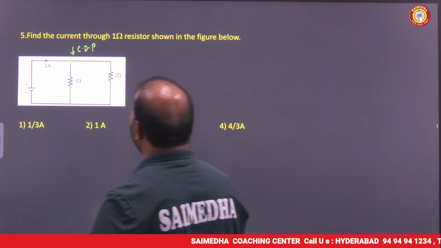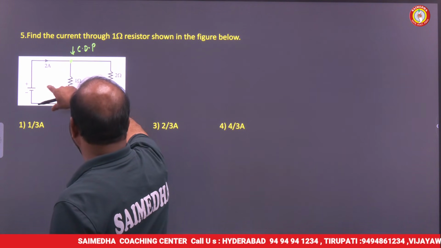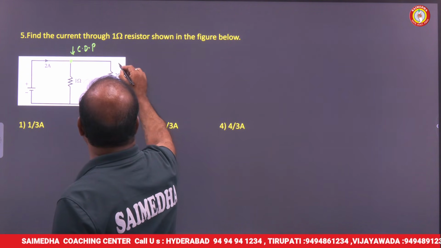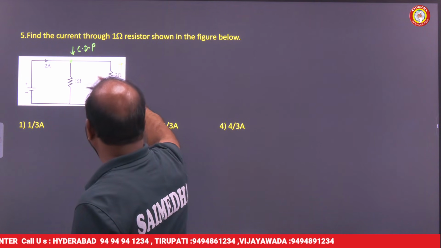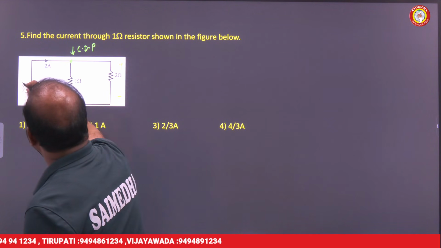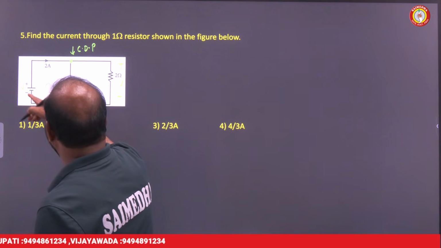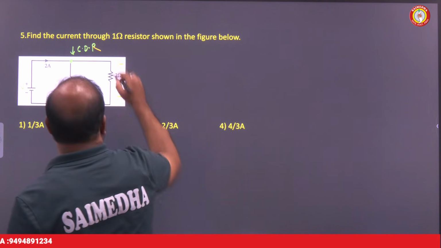This voltage source is directly connected in parallel with these two resistors. So the voltage across this 2 ohm resistor is V only. Anyhow, this voltage is not mentioned, so we will apply the current division rule.